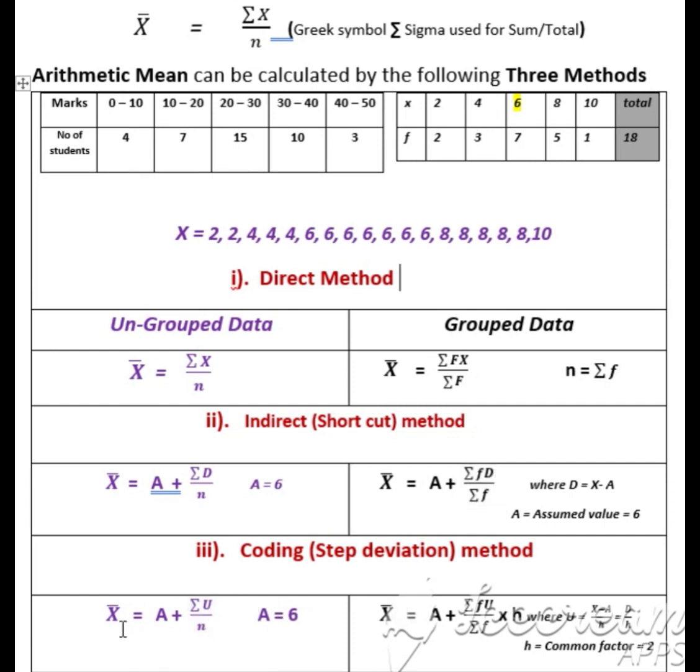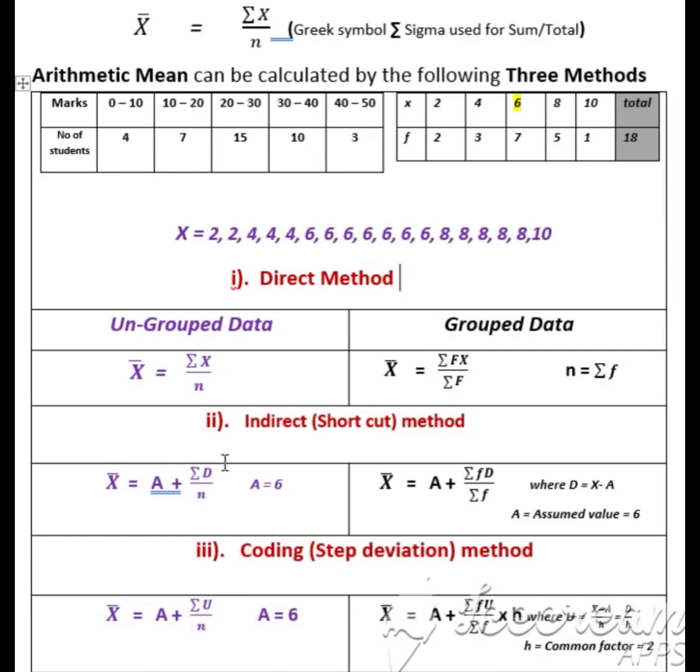Now here x bar is equal to again A plus, but sigma u, because in the coding method you apply sigma u, and in the indirect method you apply sigma d. So A plus sigma u over n, and here A plus sigma fu over sigma f times h. So just replace x with capital D, you will get the second formula. If x is replaced with capital U, you will get the third formula.